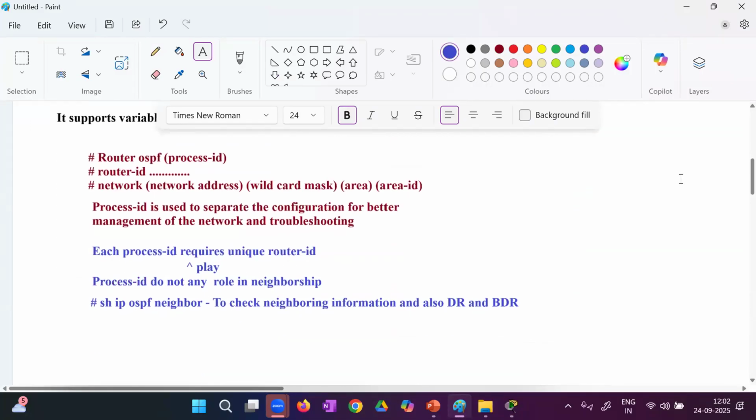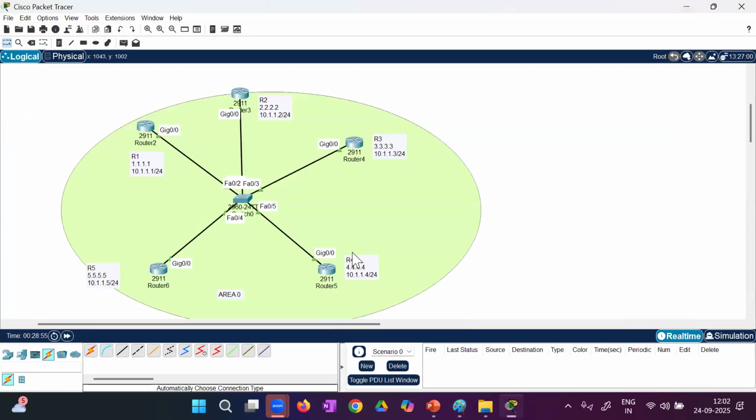Clear till here? Okay. So here on router 1, we'll give the priority number as 5.